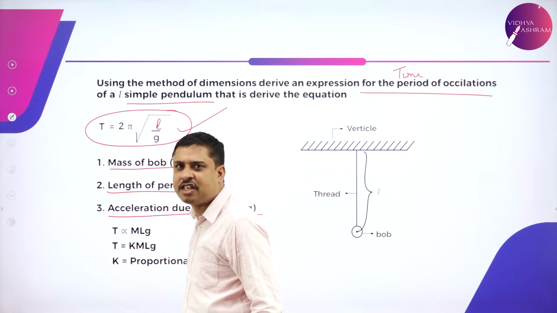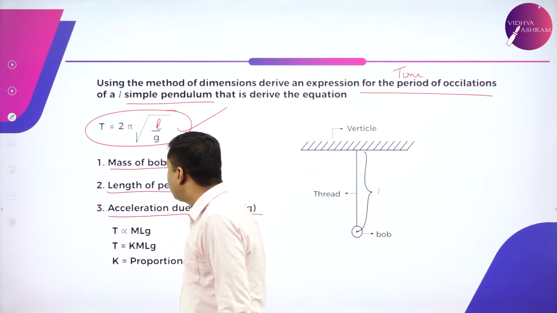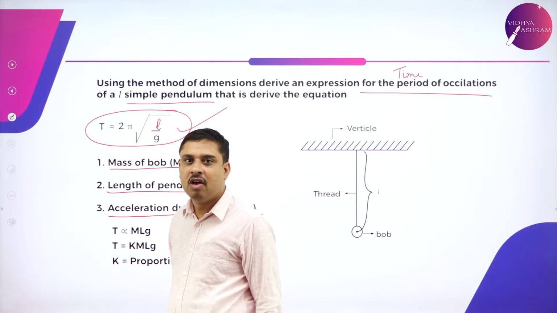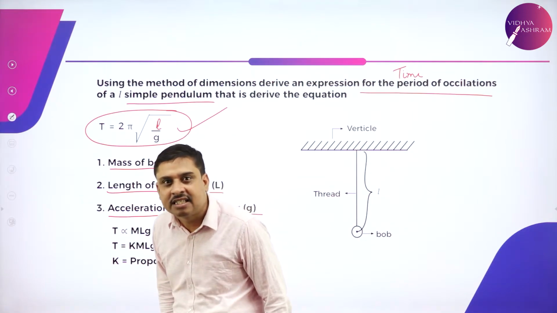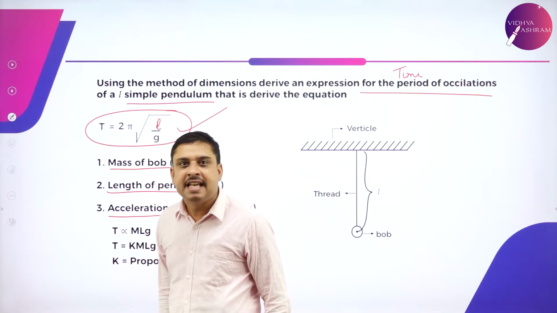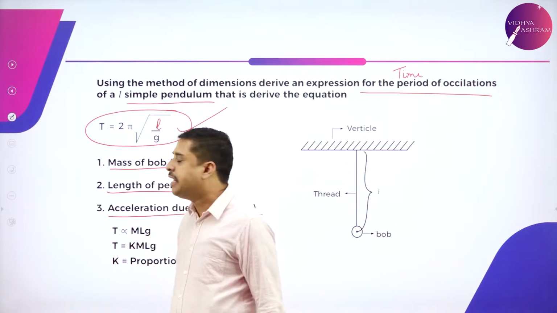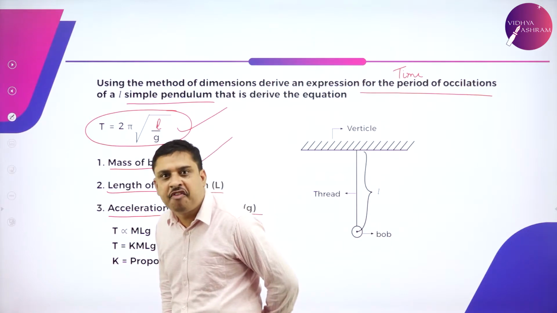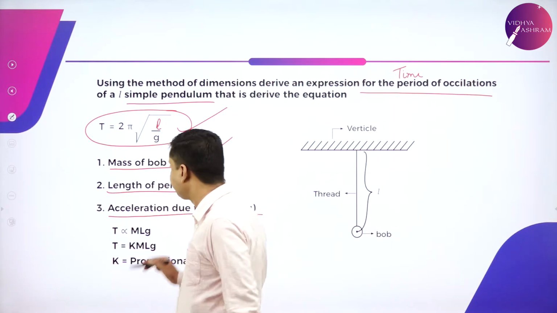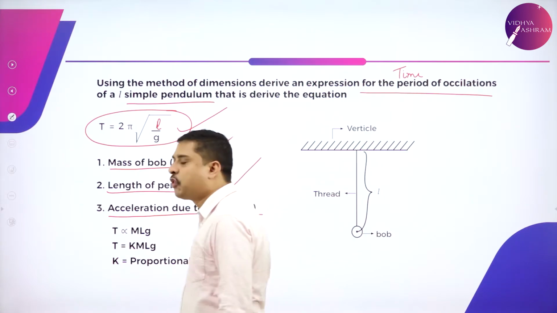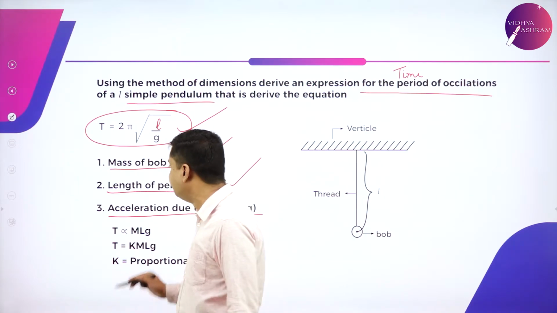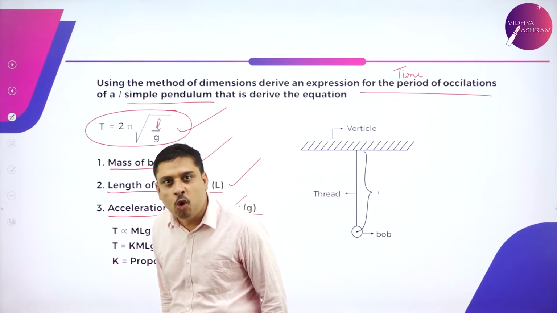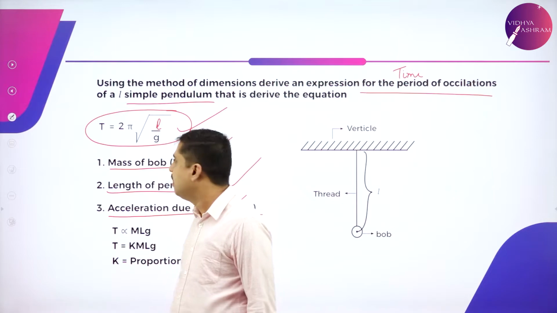So the three quantities or the three factors which affect the period of oscillation are the mass of the metallic bob, the length of the pendulum, and acceleration due to gravity.